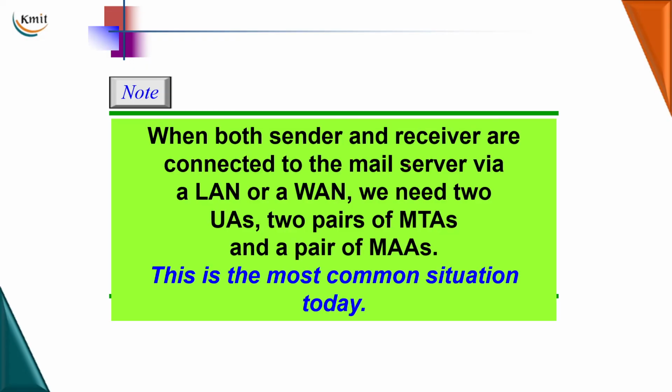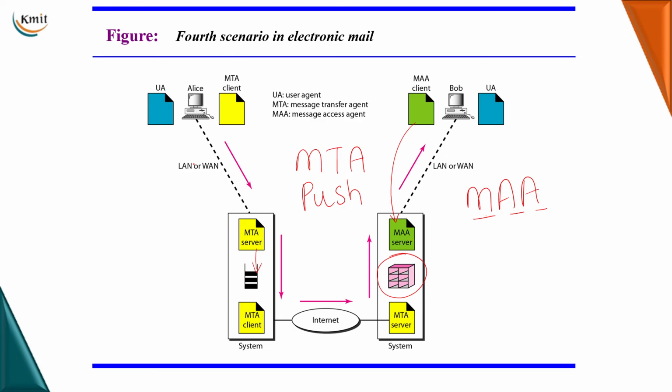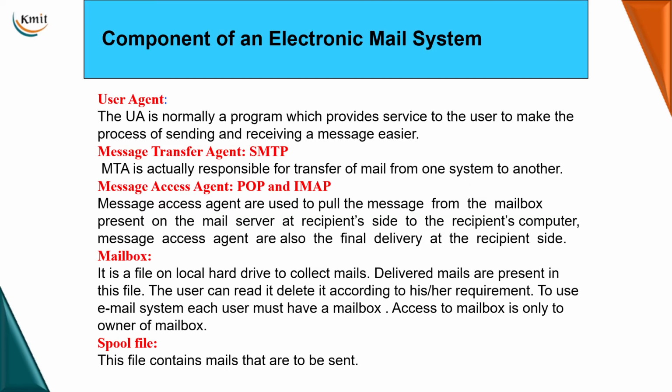Here we will require, in this scenario, 2 user agents. We will require 2 pairs of MTA client and server, and we will require 1 pair of MAA client and server. Now let us see the components of an electronic mail system.